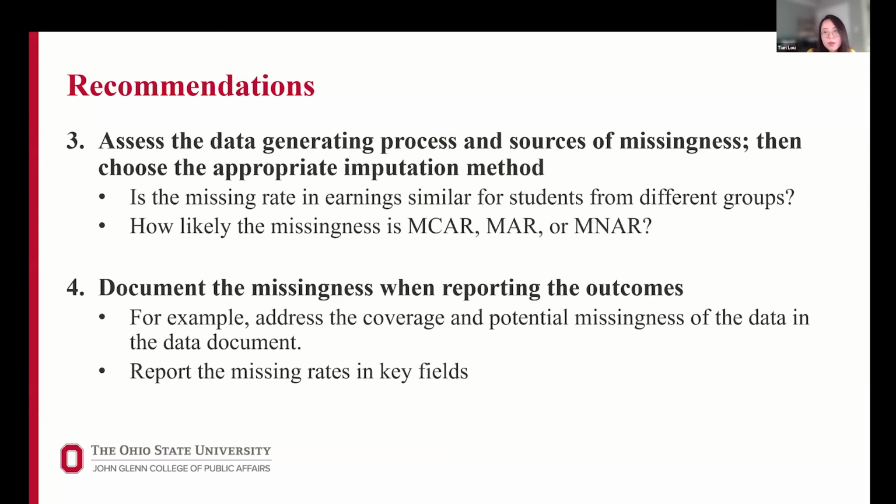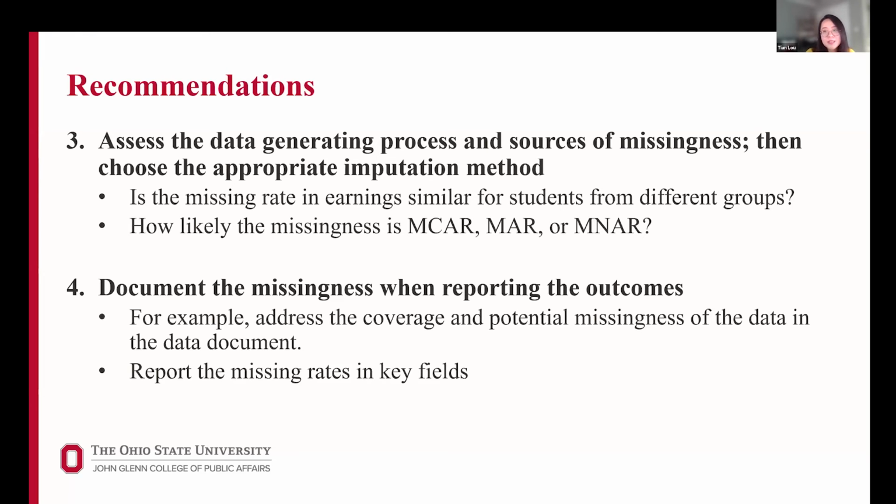After you think through the potential missingness and also bias in your data, you want to understand the underlying data generating process. Again, is it caused by a change in administration, or is it caused by the data pooling process, or is it just data coverage issues? And then choose the appropriate imputation method. As Karen mentioned, you want to think about how likely the missingness is to be missing completely at random, missing at random, or missing not at random.